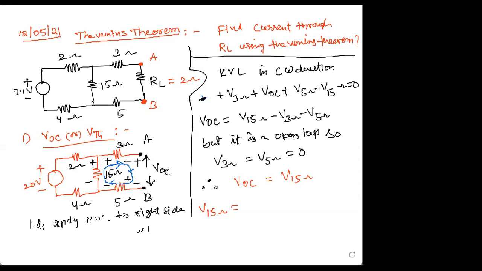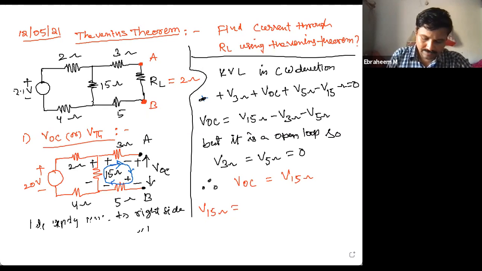Right. So V15 ohms. How to find V15 ohms? I will draw the circuit once again here. Here it is plus minus 20 volts.